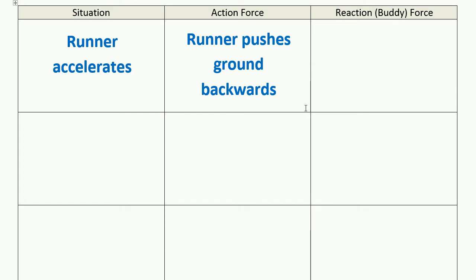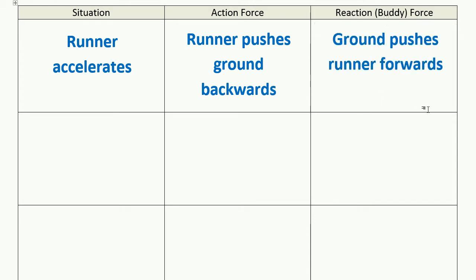Now, because forces have to obey Newton's laws, and Newton's third law says there must be an equal and opposite force to this, it turns out that force is coming from the ground pushing on your foot. So when you push the ground backwards, because of Newton's third law, the ground pushes you forward. And that's what actually makes you go forwards.